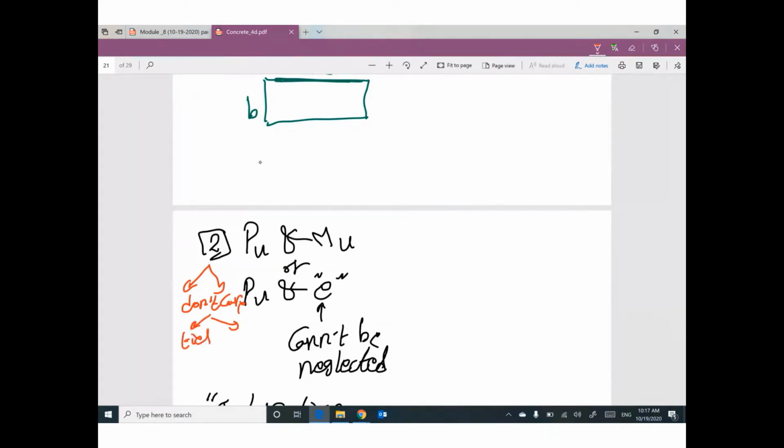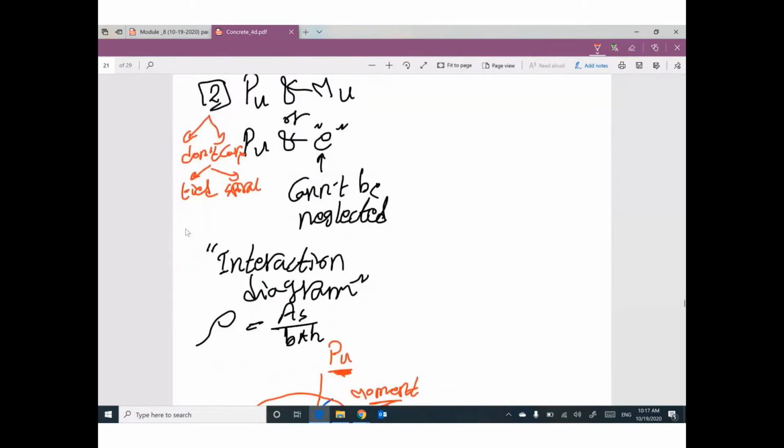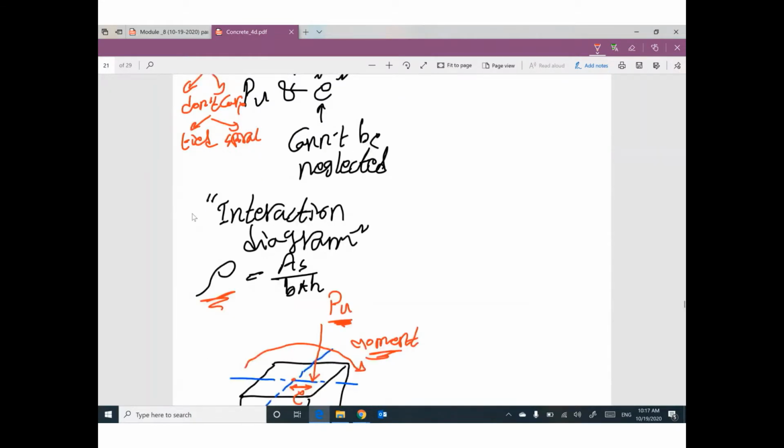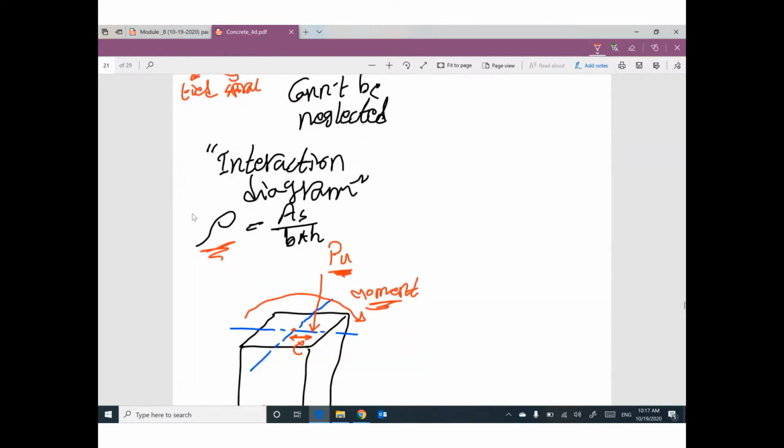Doesn't make any difference if you are in the case of the interaction diagram. We don't care. So we can use the interaction diagram in a few steps. We learned these steps last week, and we can figure out finally the value of rho, the reinforcement ratio, and then we can figure out the value of area of steel. Okay.